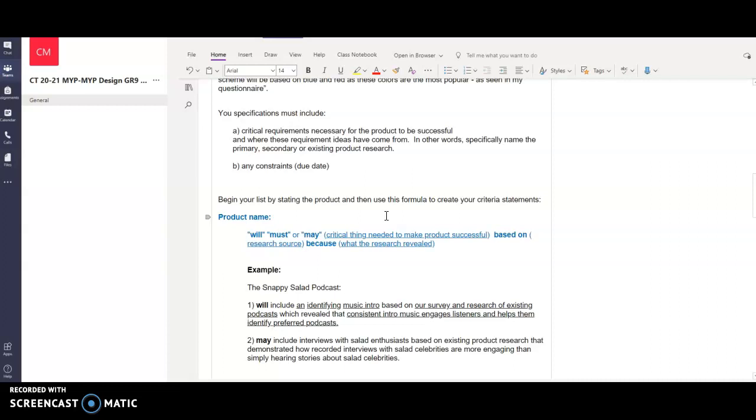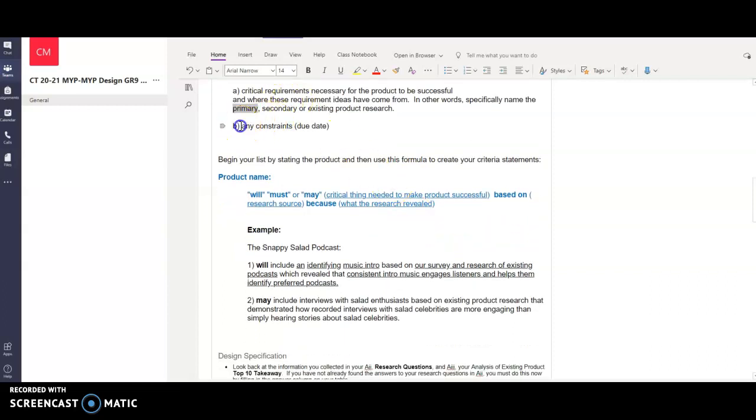You can mention articles, or even mention a credible organization if that helps you. Now, if it's primary research, you don't have to state that it's primary research, but I would like to know what kind of research it is. For instance, if it was a survey, say survey. If it was an interview, state that it was an interview. If it was from your user observation field test, state that as well.